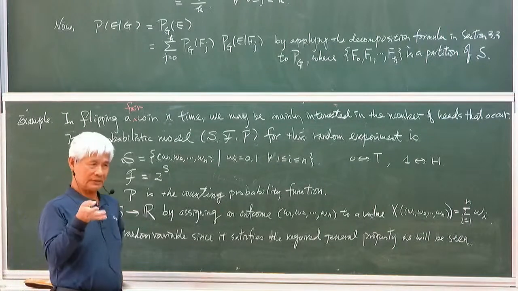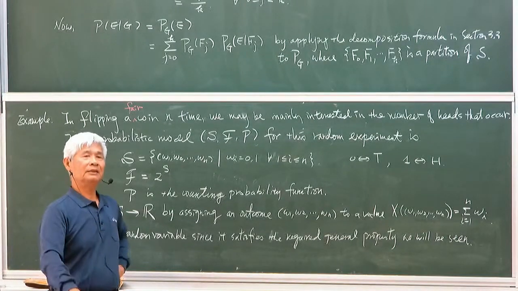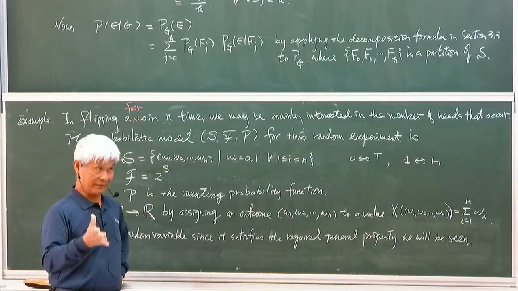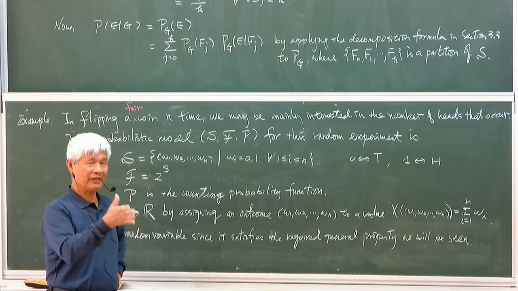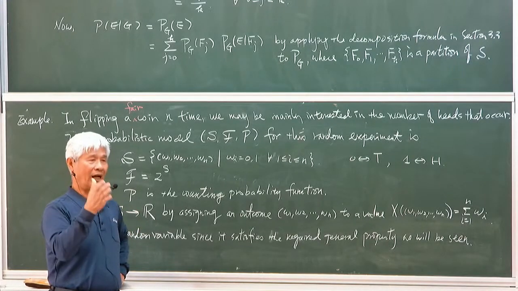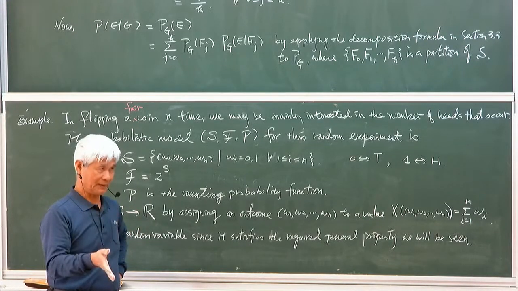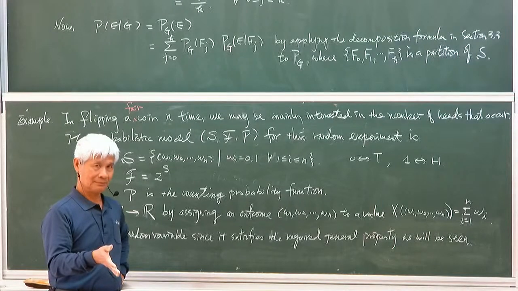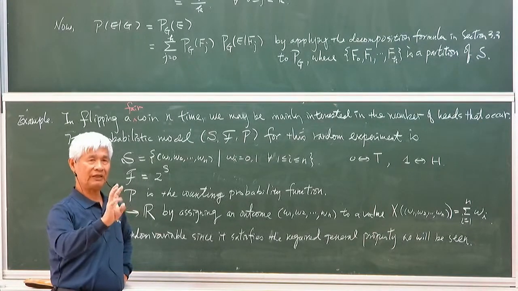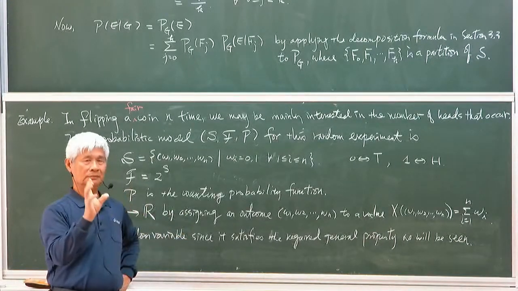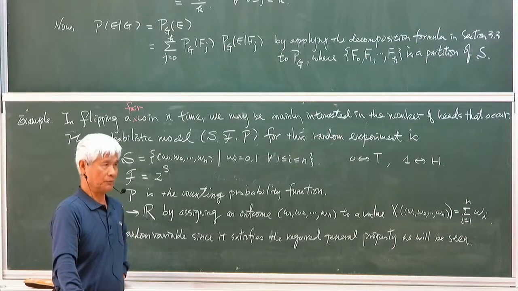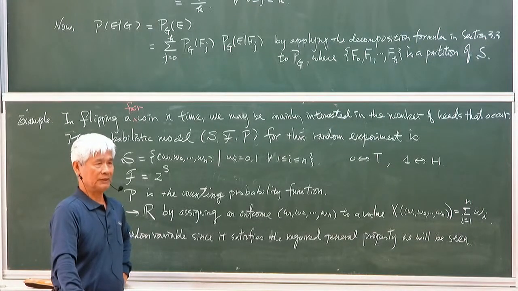So the first thing you learned here is that any random variable is just a real-valued function on the sample space, together satisfying a specific general property we will describe later.